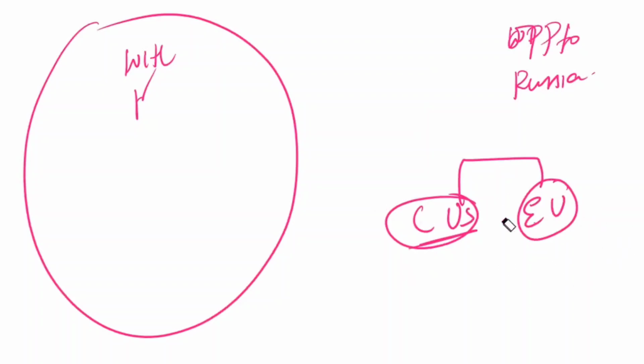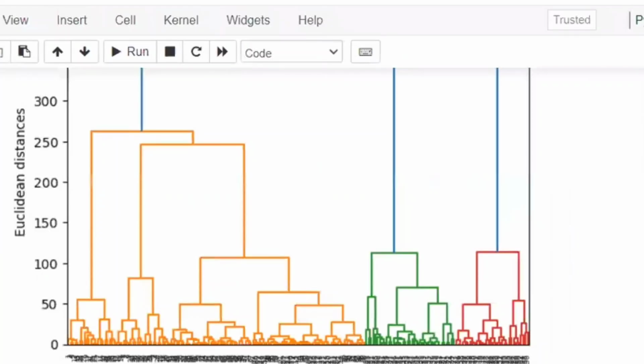These people belong to one cluster. Complete European countries belong to one cluster, Canada and the US belong to one cluster, and China and Russia belong to one cluster. India will be added to one of these clusters like this. So they observed the hierarchy, and based on the hierarchy, they identify which are the very close countries.